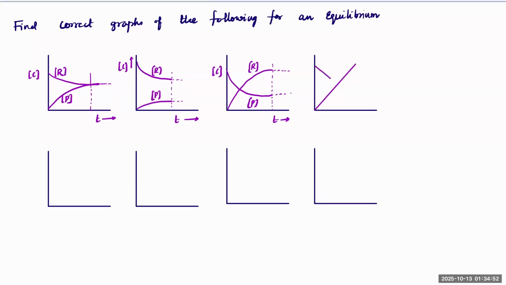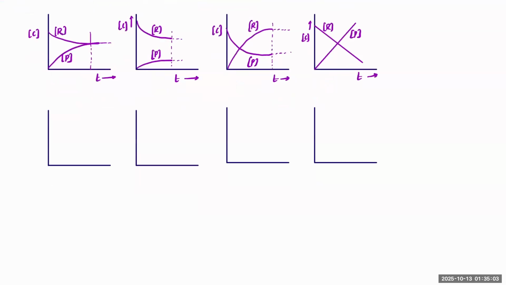This is the reactant concentration. This is the product concentration, how it is changing with respect to time. And next, the graph is going like this and like this. This is the equilibrium time. Now here it is given as rate versus time.